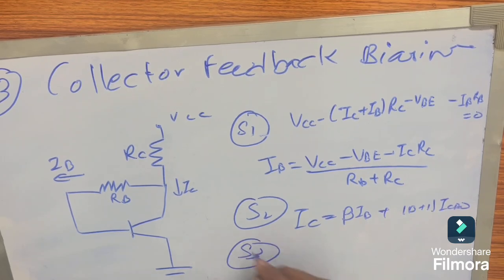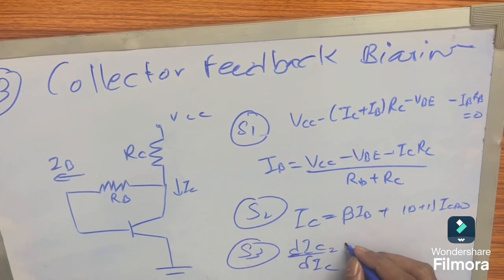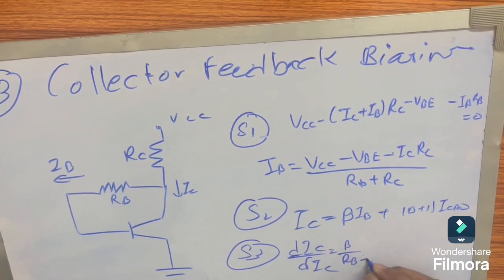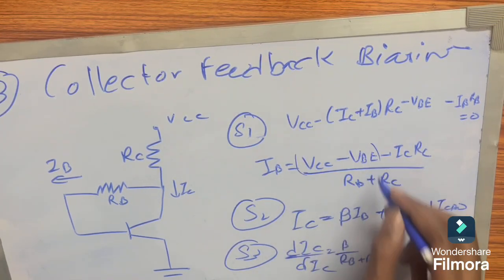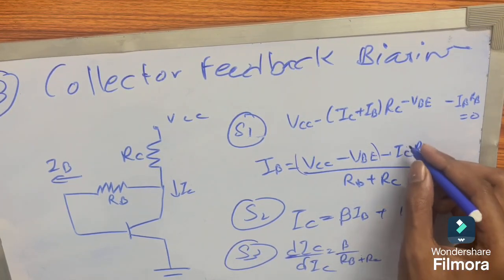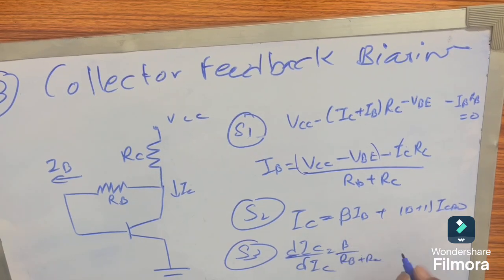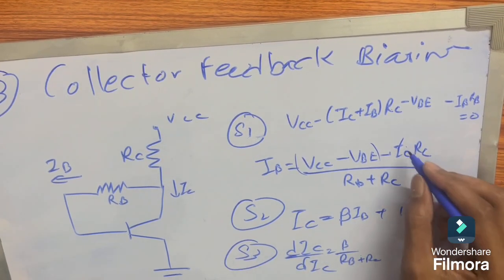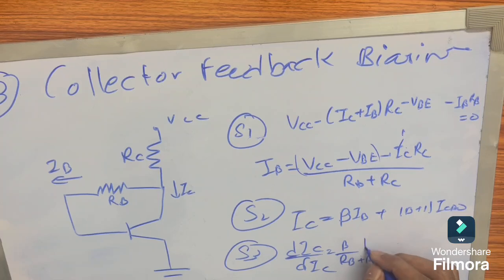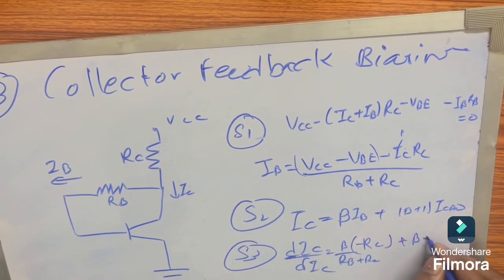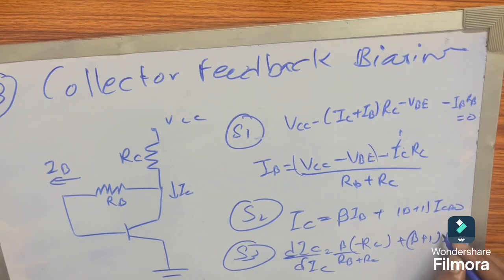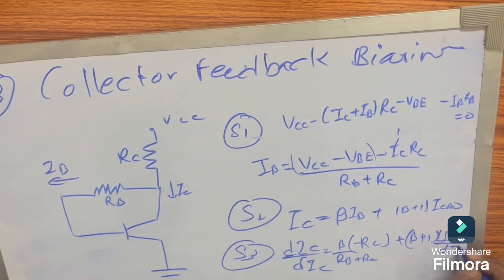And the final step, step 3, which is the differentiation with respect to IC, will give dIC by dIC equal to beta by (RB plus RC) times the differentiation of the bracket. The constants remain 0, the differentiation of IC with respect to IC will give 1, giving minus RC, plus (beta plus 1) dICBO by dIC.